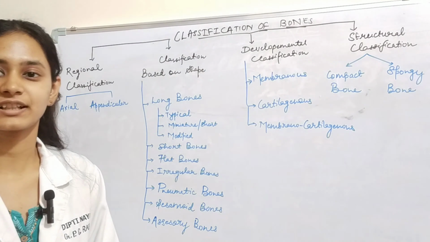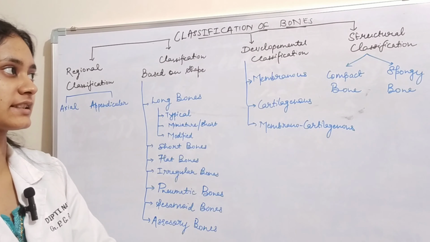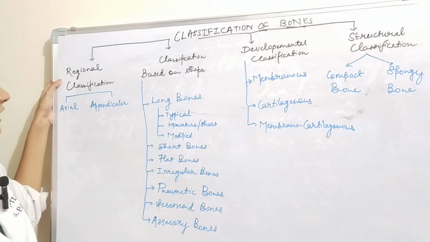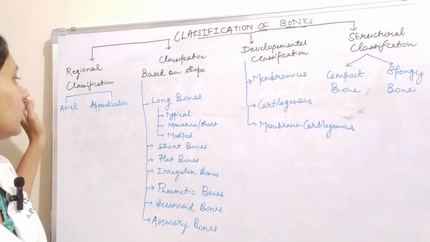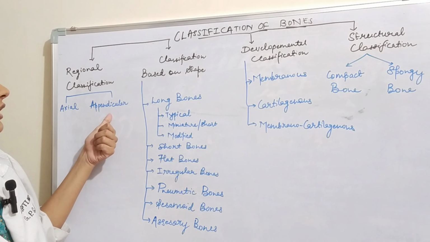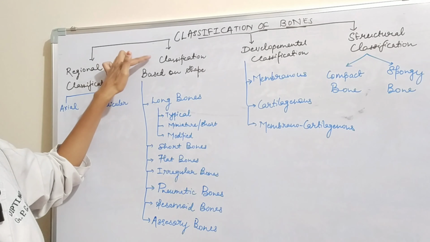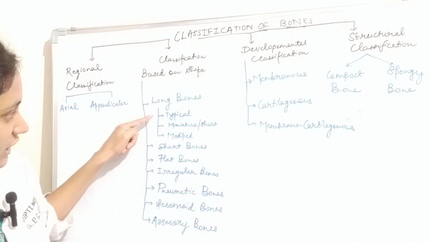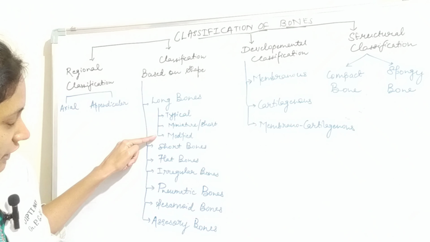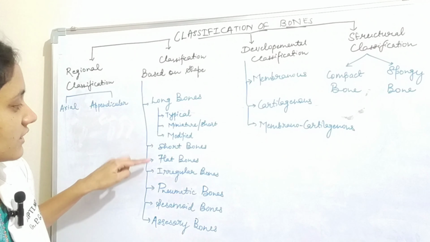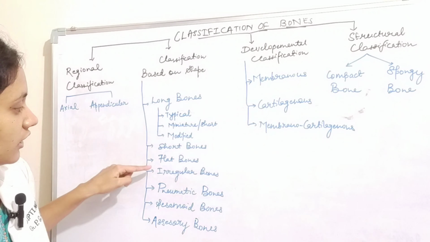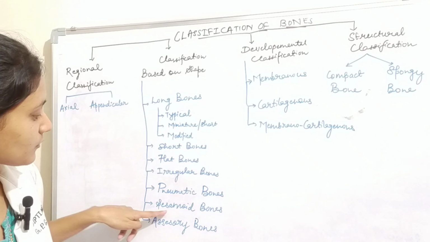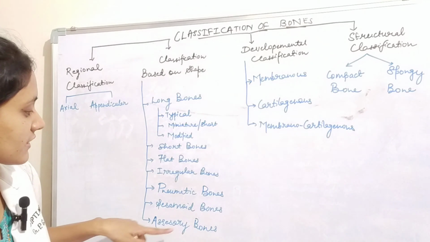Here we have completed the classification of bones, and here is the summary or revision. First we studied regional classification, that is, axial and appendicular skeleton. Then classification based on shape: long bones, further divided into typical, miniature and modified; also short bones, flat bones such as the scapula and skull, irregular bones, pneumatic bones, sesamoid bones and accessory bones.